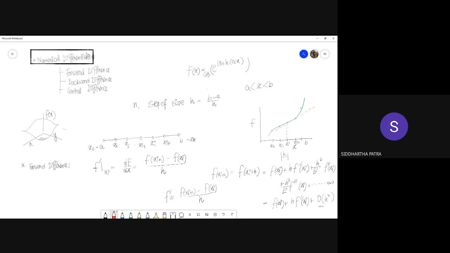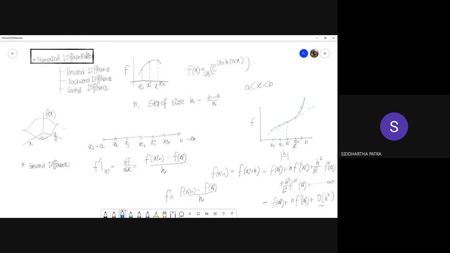So let's just exaggerate this portion a bit. Imagine this function f of yours changes something like this, and let's say this one is xi, this one is xi minus 1, and this one is xi plus 1.